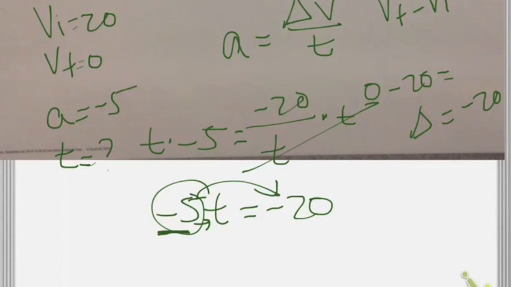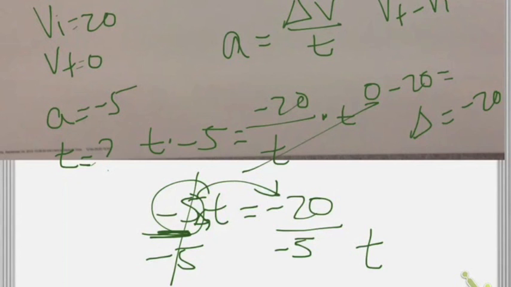In this case, this one is multiplying t, so we want to divide each side by this -5. These two will cancel out, and it'll move it over here. So now we have t equals -20 over -5. And we plug this into our calculator, it'll give us our answer, where t is equal to 4 seconds. And that's it. That's all you need to do.